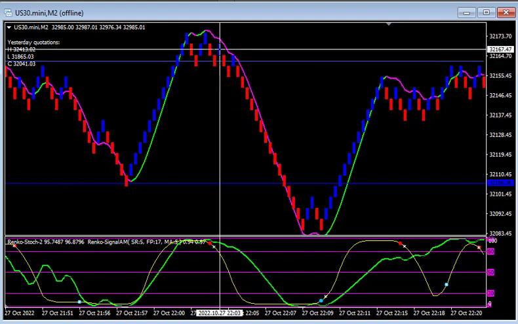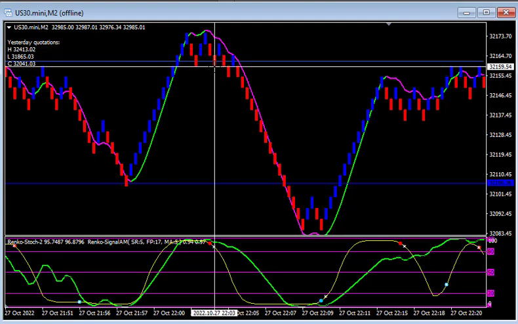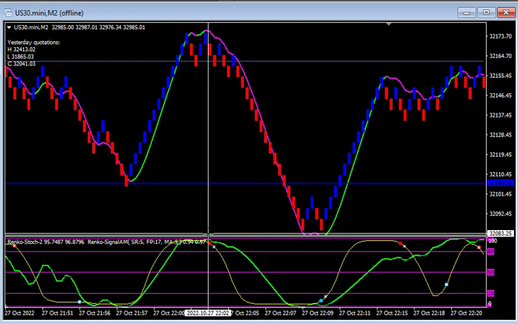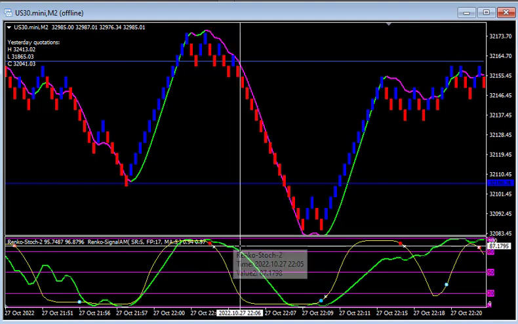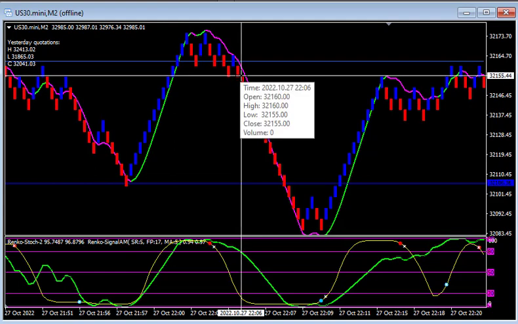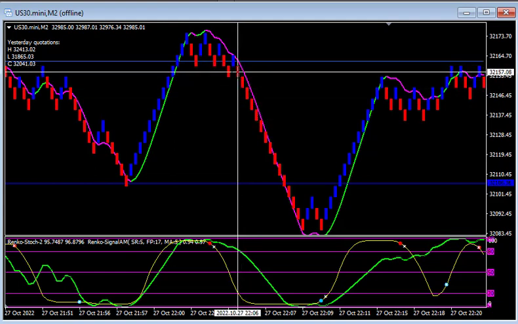In fact, it started to approach here, and then when the new box opened, you were crossing essentially, but price moved up, which caused the Renko Stoke to sort of delay the crossover until it got to about right here, moving down onto this particular candle right here.